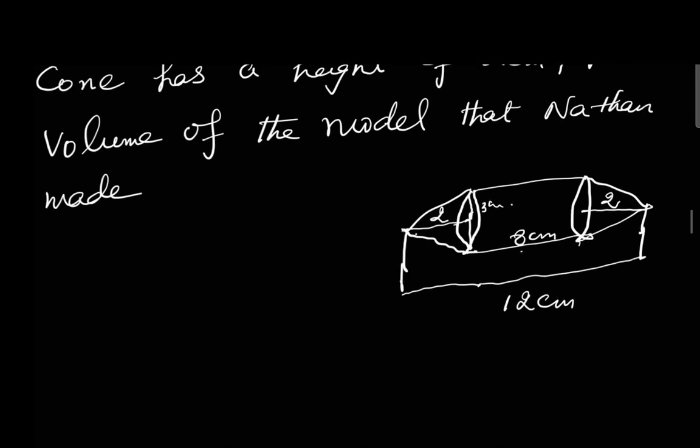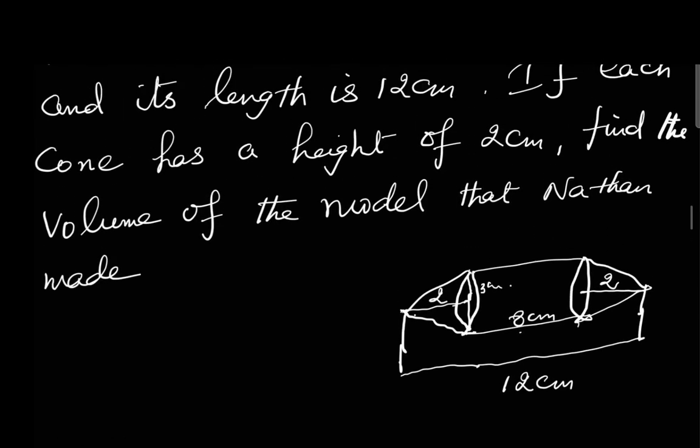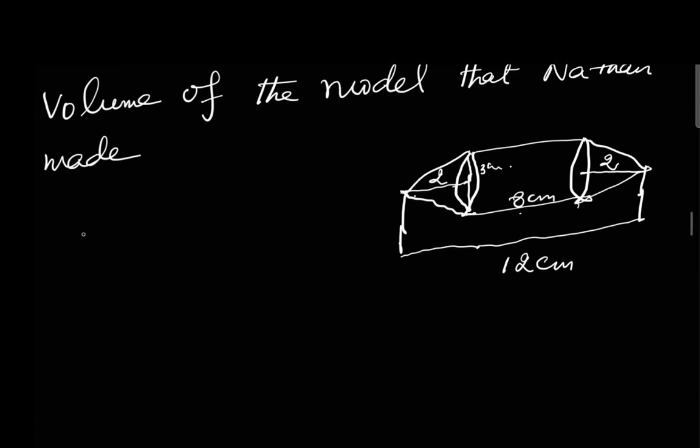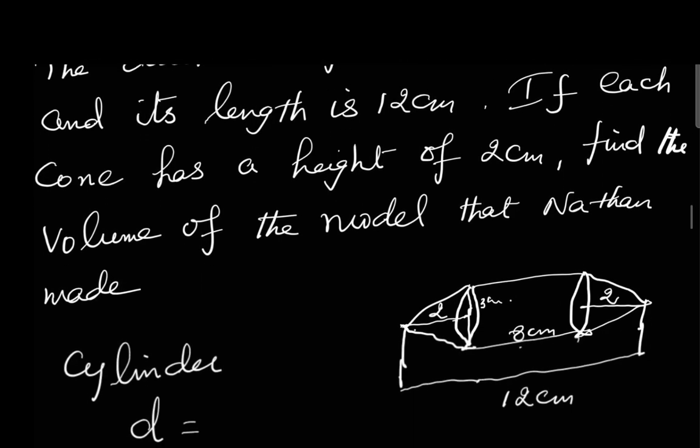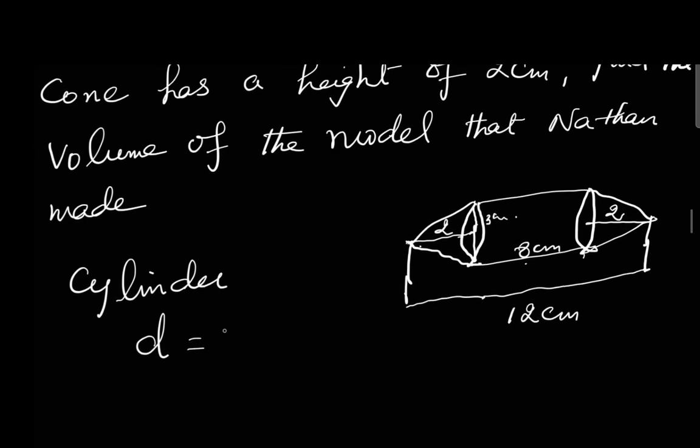So now we will start the problem. Find the volume of the model. So the volume contains the volume of the cylinder plus the volume of two cones. First let me take the cylinder. Diameter is given here, 3 cm.